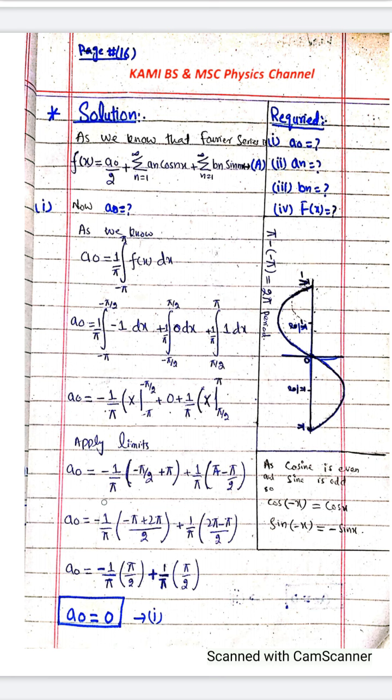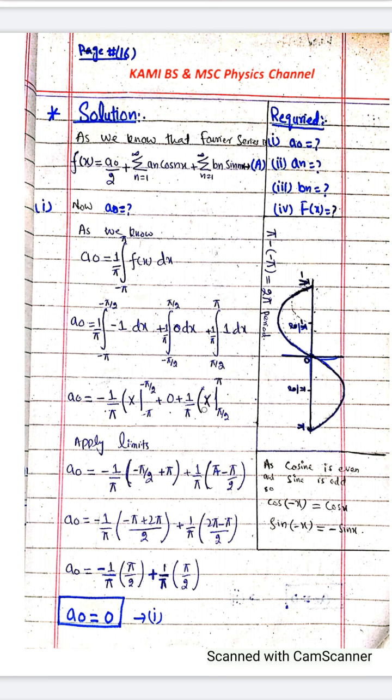Now we will apply the limits. This is minus 1 over pi, so we put the limit here: minus pi by 2 minus minus pi, and minus pi multiplied by minus, so plus pi.